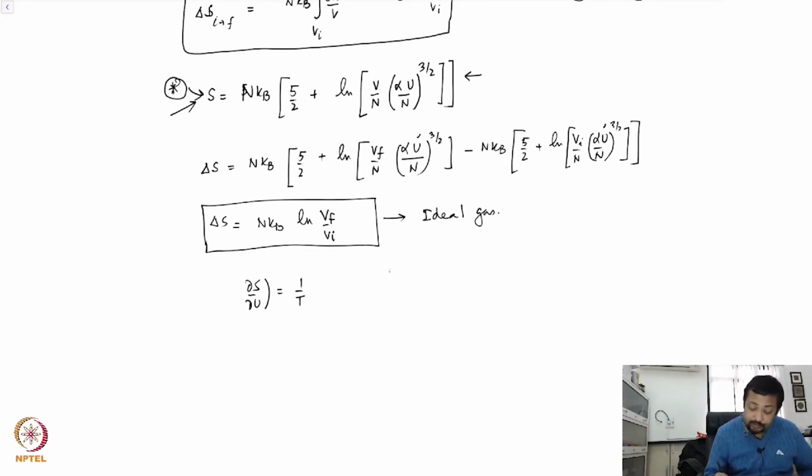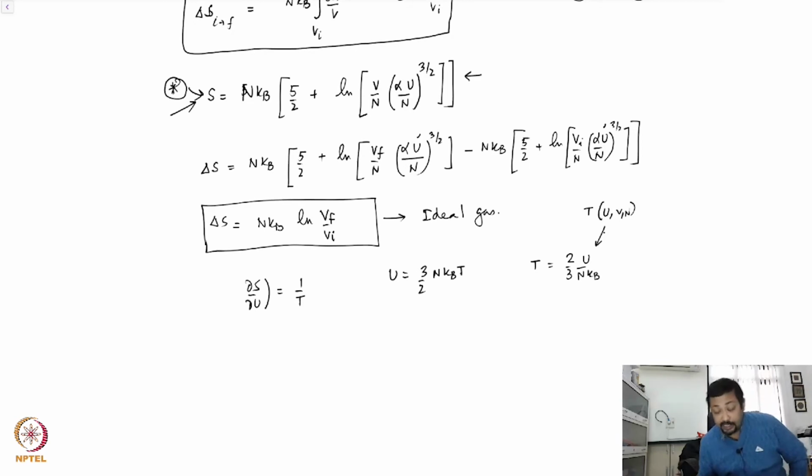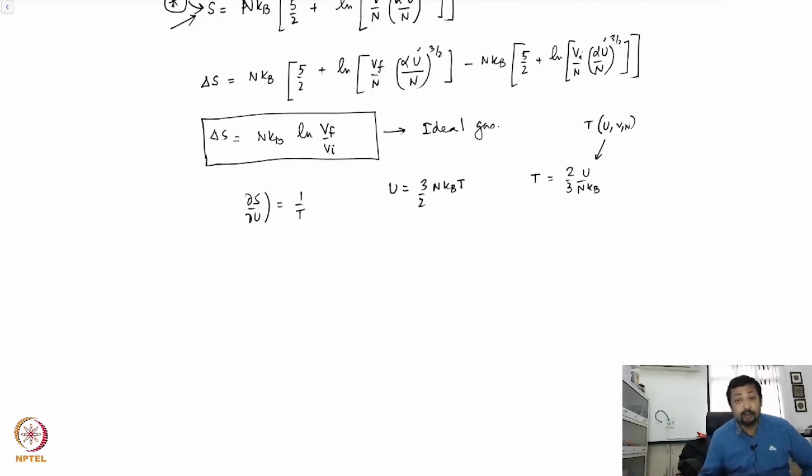This essentially tells you that U is going to be 3 half NKBT, so that T is 2/3 U over NKB, and therefore you have T as a function of U, V, N from this relation. Surprisingly, for an ideal gas, it does not depend on the volume, so that it clearly follows that delta T is going to be 0.